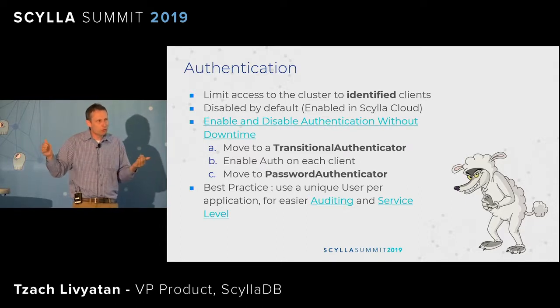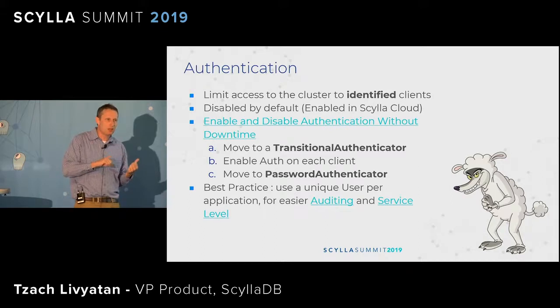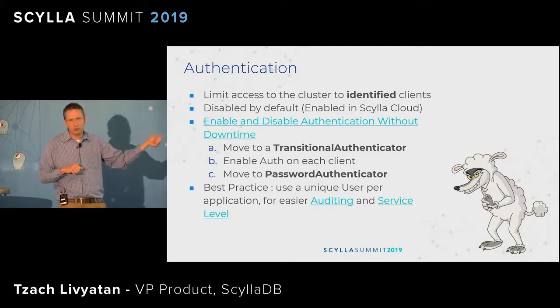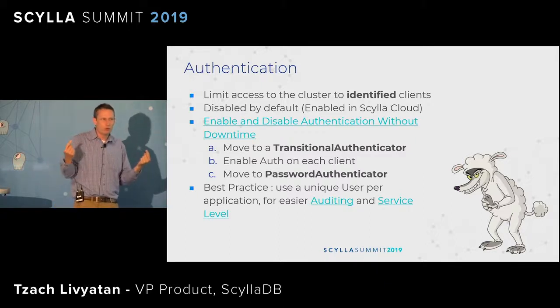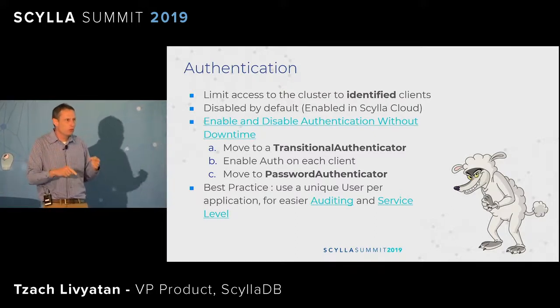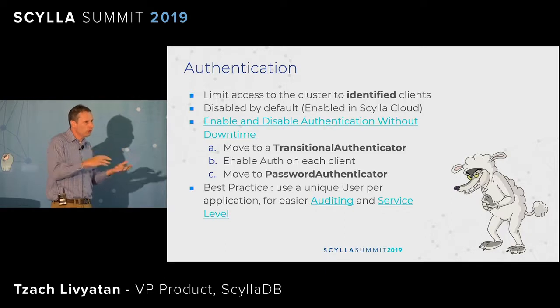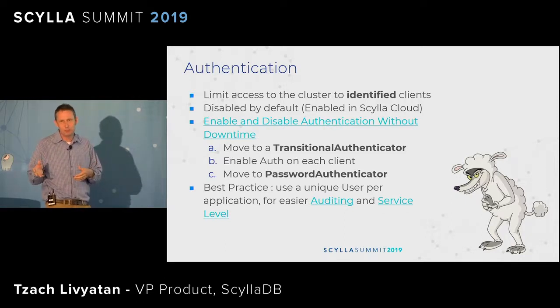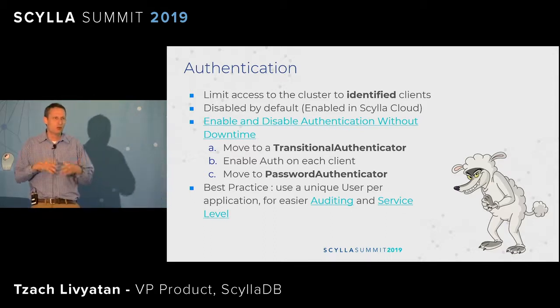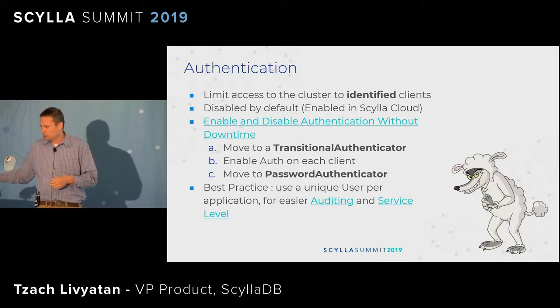Once you do that, you can go back to the Scylla cluster and move from the transitional authenticator to the password authenticator in each of the nodes. Of course, each of these changes requires a configuration change and then a rolling restart of all the nodes. But with this method, you can move from non-authenticated to authenticated without downtime. It's a pretty important feature, but the best, of course, if you move into production, is to enable authentication from scratch, and that's true for other security measures.